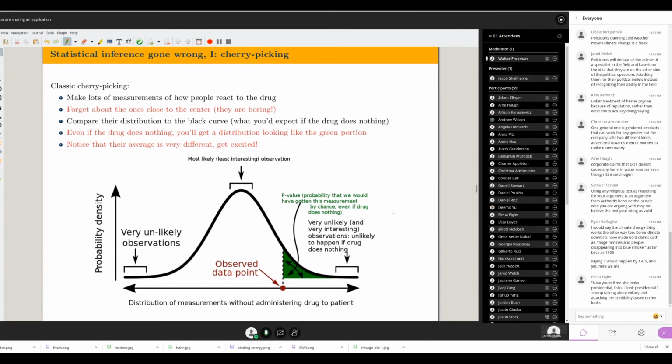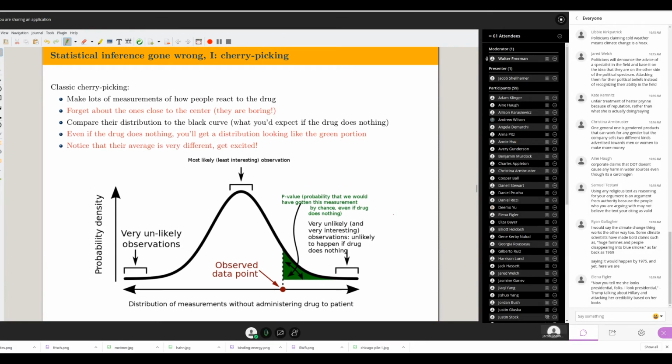The classic one is called cherry picking. It's just ignoring things that are boring or ignoring things that don't support your conclusion. So maybe the drug does nothing, but if you give it to everybody, you're going to see the entire range of results, right? You'll see the whole curve.